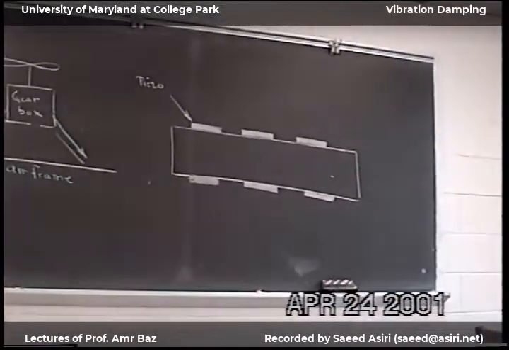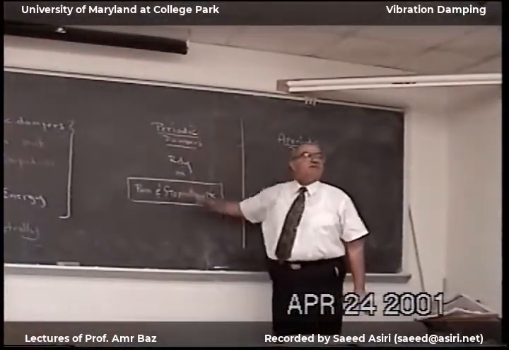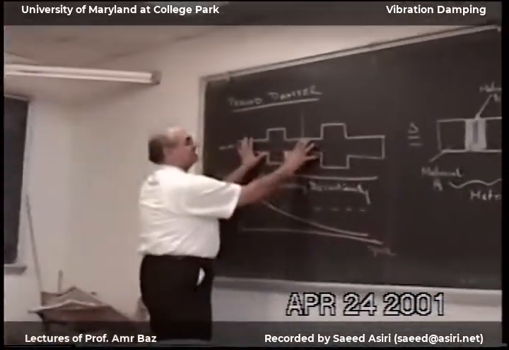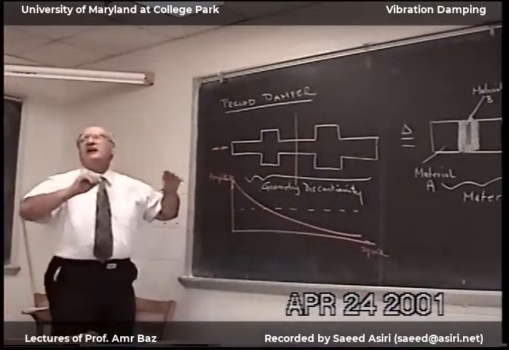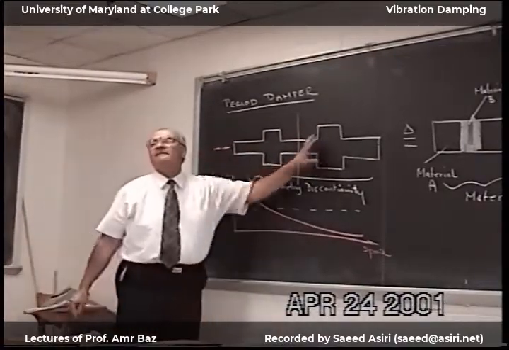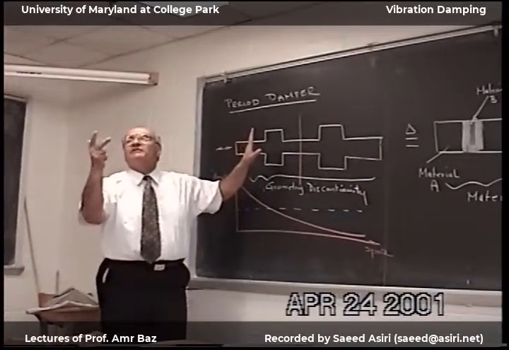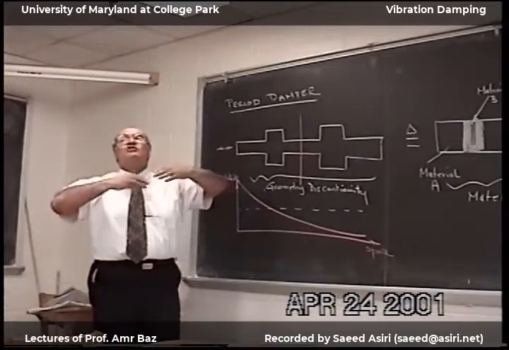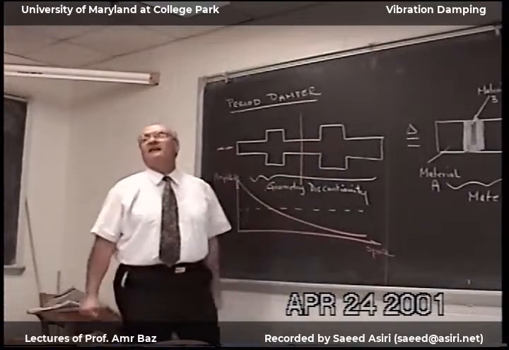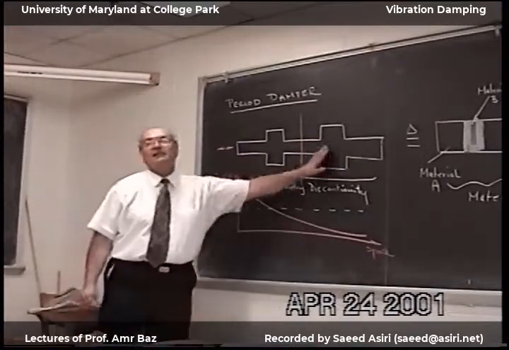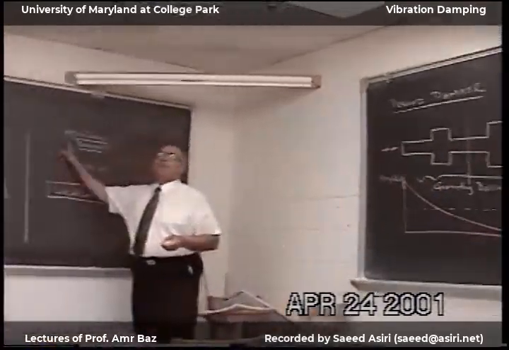I can use what it looks to everyone like a periodic structure, which means this is exactly like this, the same geometry, everything is perfect. But when you manufacture any structure, it will have imperfection. 1 or 2 or 3%, as you will see, can change the dynamics considerably. So if you have machining imperfection, or if you have material imperfection, what it looks like a periodic structure becomes aperiodic.